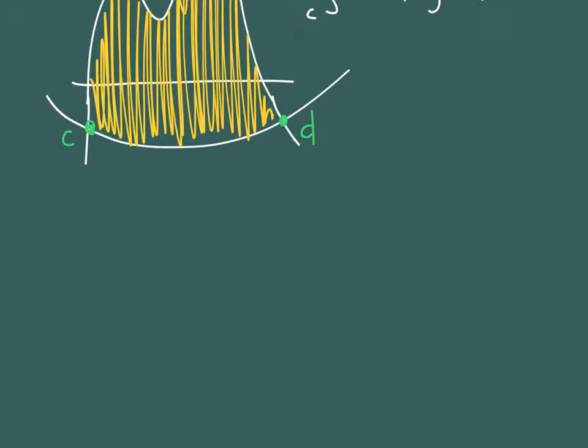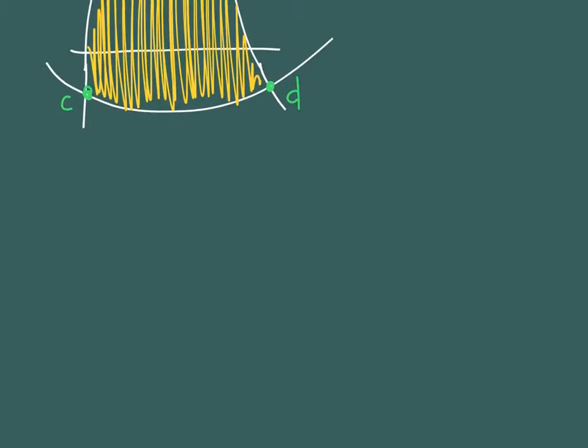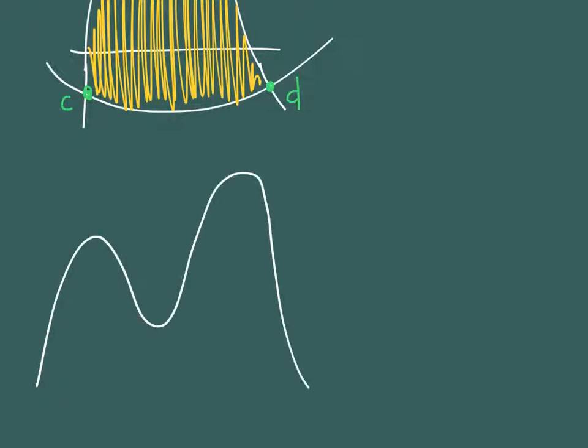But what if they cross each other multiple times? Suppose that you have this one, and then the thing that was coming through crossed it like that.